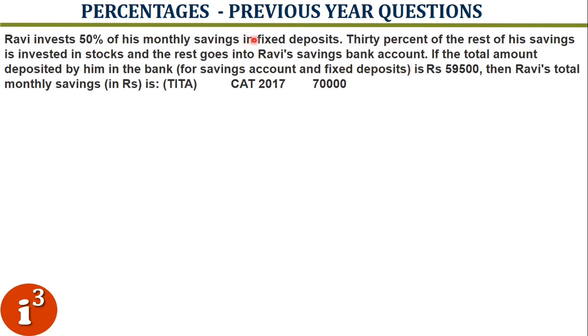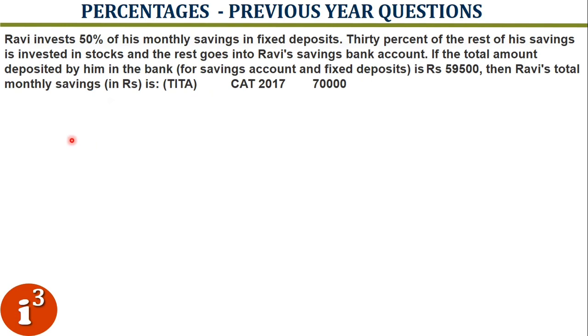So fixed deposit, stocks, savings bank account. If the total amount deposited by him in the bank for savings account and fixed deposit, stock you do not need, is rupees 59,500, then what is Ravi's total monthly savings?